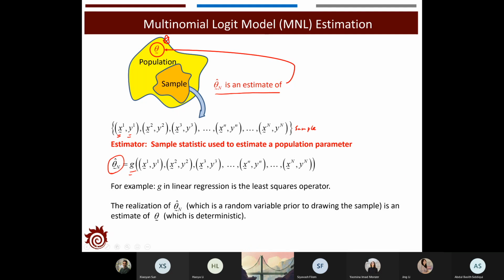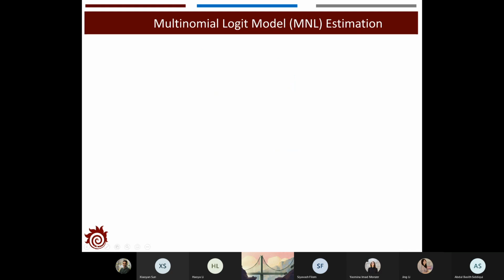And we need to find the most efficient method to do the calibration so that theta hat is unbiased to the true value, which is deterministic. It's not a random variable. So those would be the general background about the model estimation.